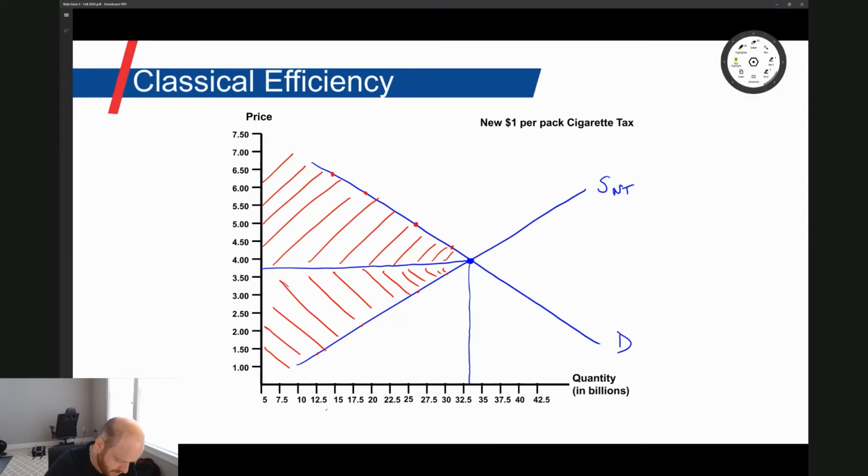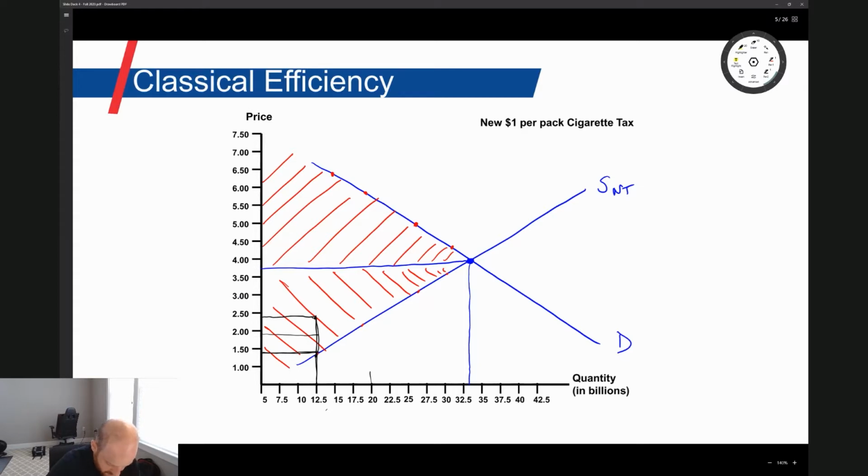If it's a $1 excise tax at 12.5 billion packs, instead of a pack being, let's say, around 140, it is now going to be around 240 a pack.